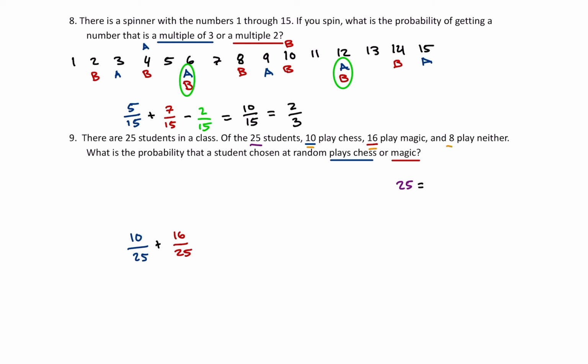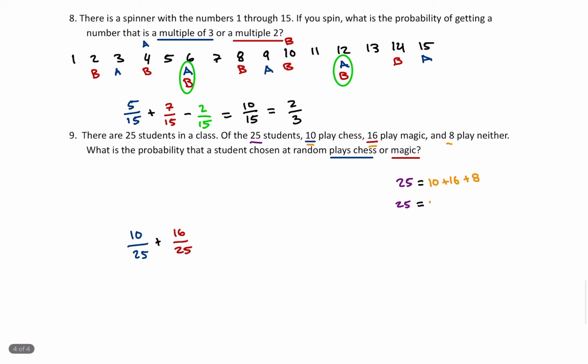Okay? So 10 plus 16 plus 8 should give me 25. Let's see. So if we put this in our calculator, we get 34. 25 is not equal to 34. Okay, and when they don't equal each other, we know it's not mutually exclusive.